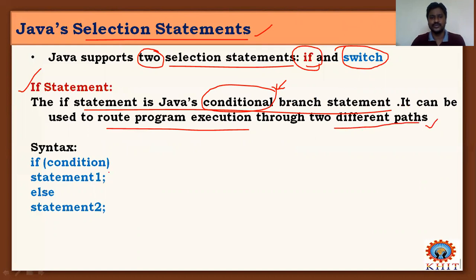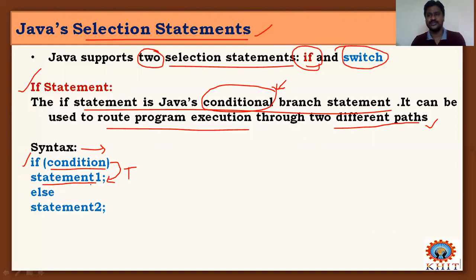So we show it in a syntactical format here. The if statement contains the condition. If this condition is true and it gets the Boolean value true, then it performs this part of the program.